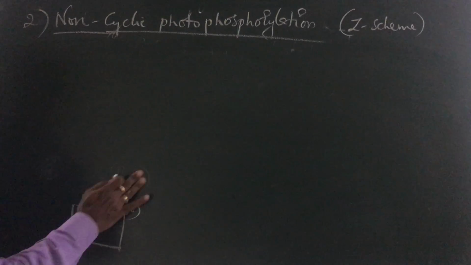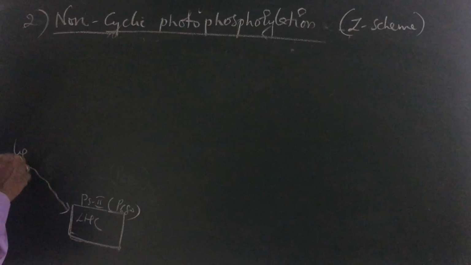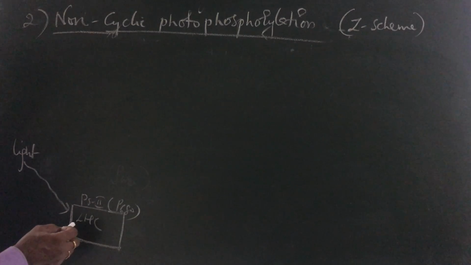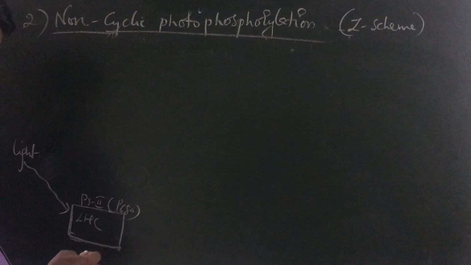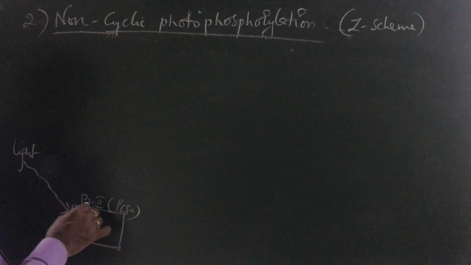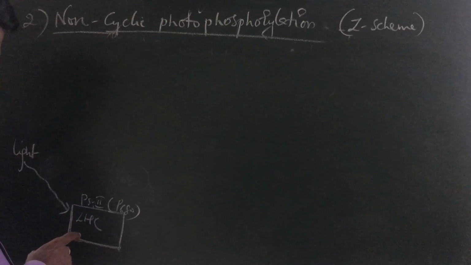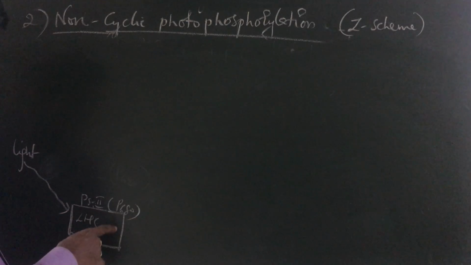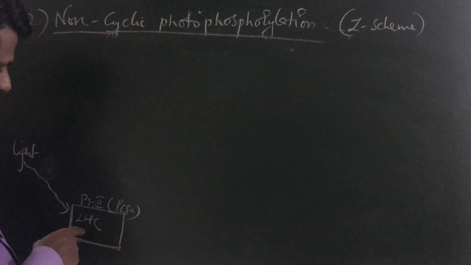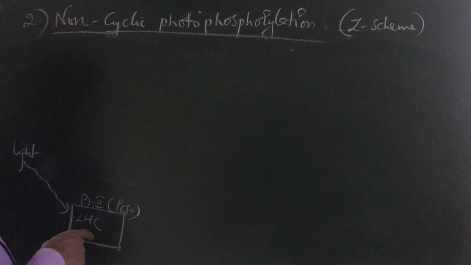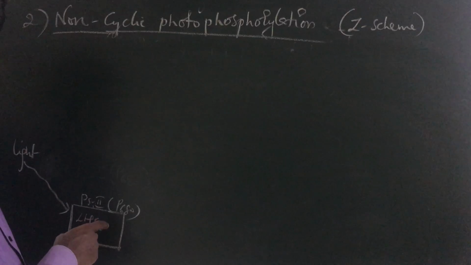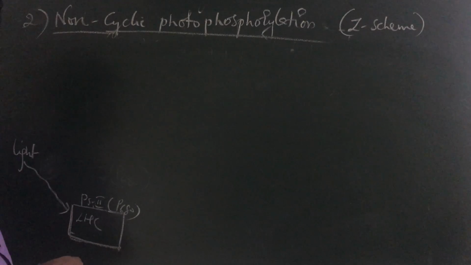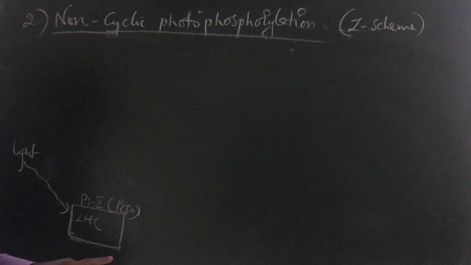You already know that the light photons are first accepted by the antenna, which is nothing but the accessory pigments. These accessory pigments in turn transfer the light to chlorophyll A. This is all we have discussed about the light harvesting complex.